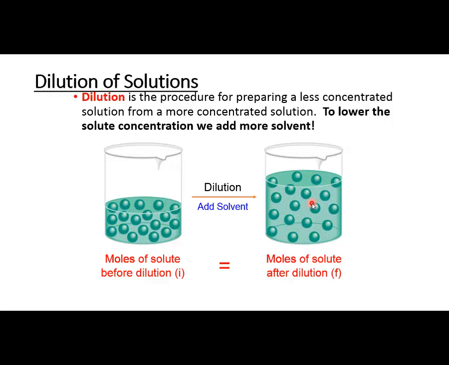Now, if I want to look at how this relates, I can realize the moles of the original solute is the same as the moles of the solute after the dilution process. So my moles of solute initial is the same as the moles of solute final, but the molarity has changed. I can determine the moles of a solute by taking molarity times the volume.